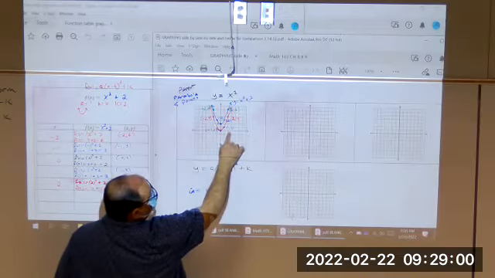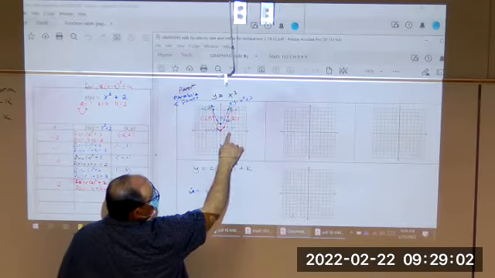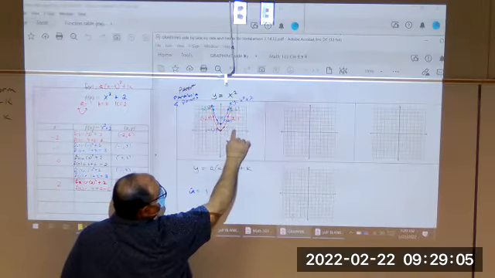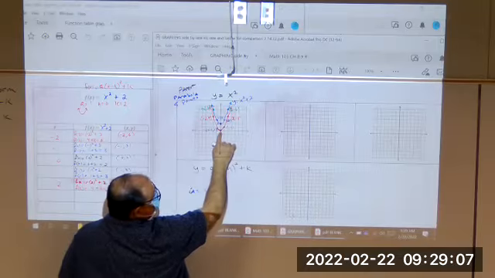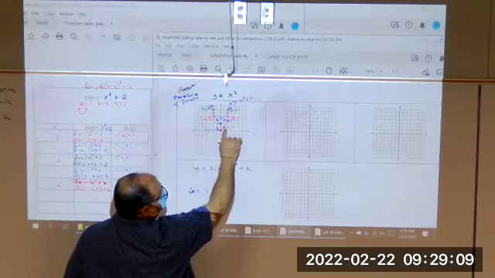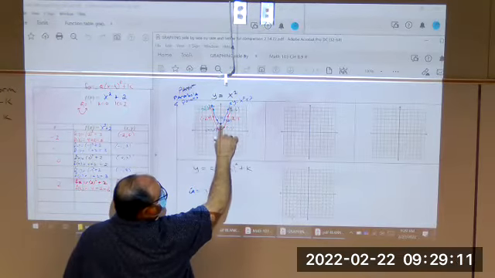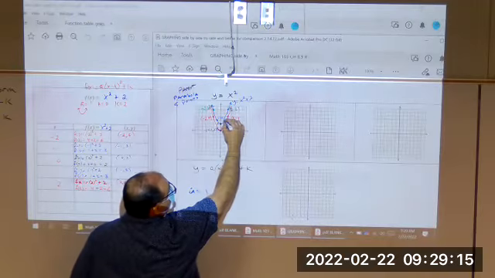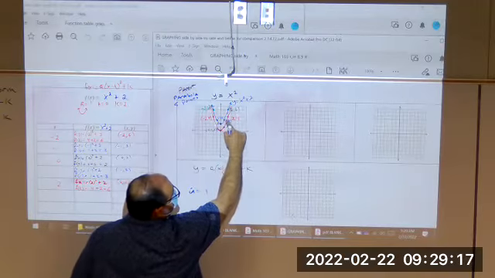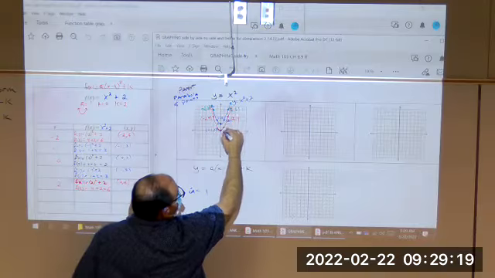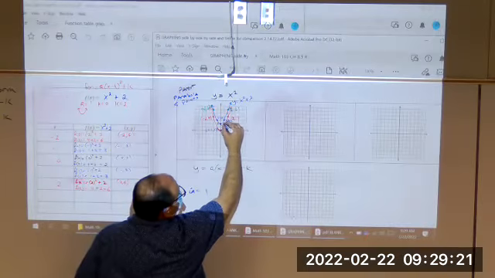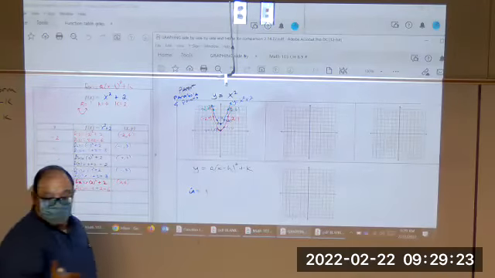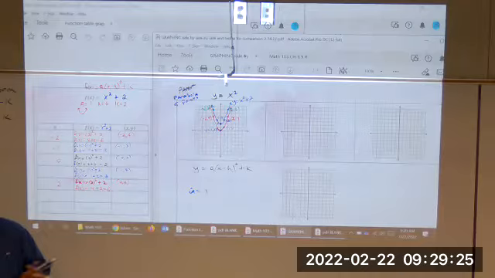When you went one to the right on the original, we got one up. So this was 0, 0, and it went one to the right, one up. When we move the vertex here, that next point is one to the right, one up. It's the same. Is it the same width? Yeah, it's exactly the same width.